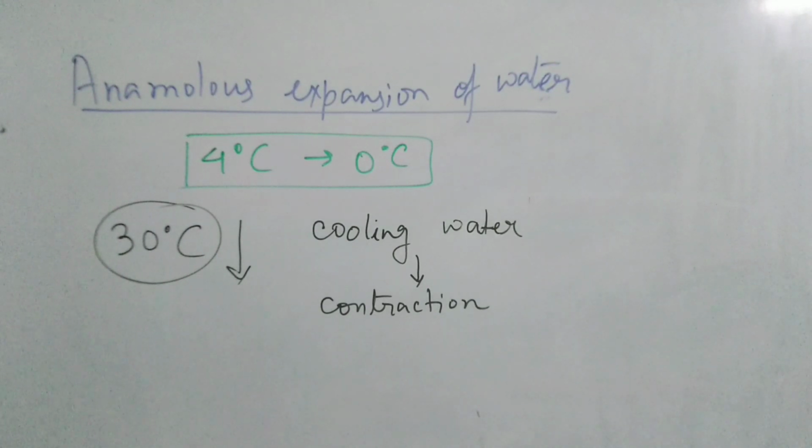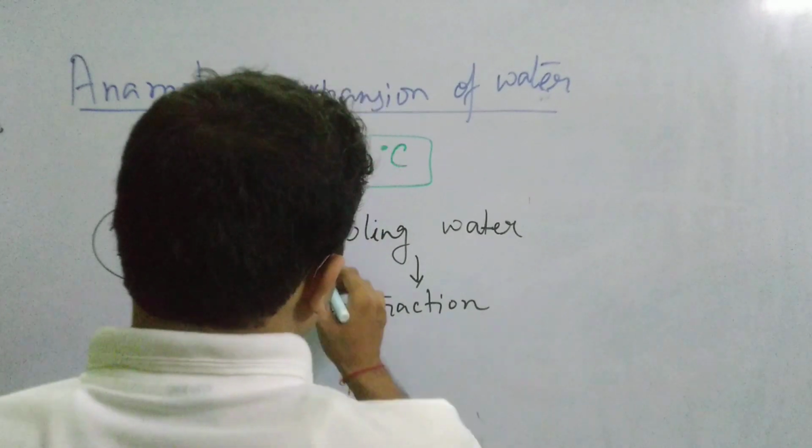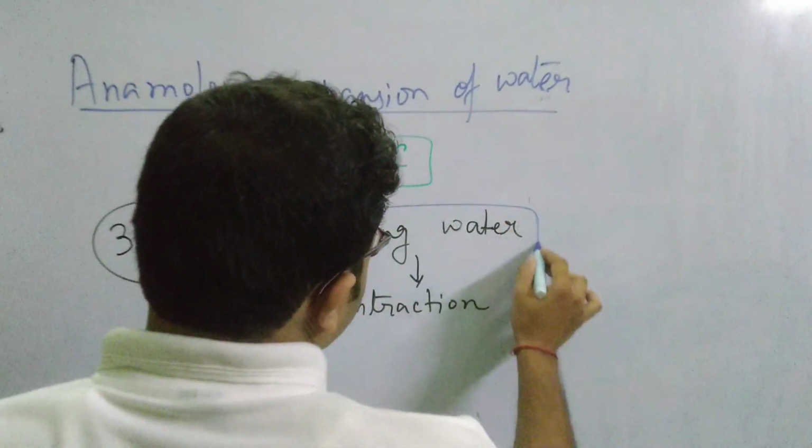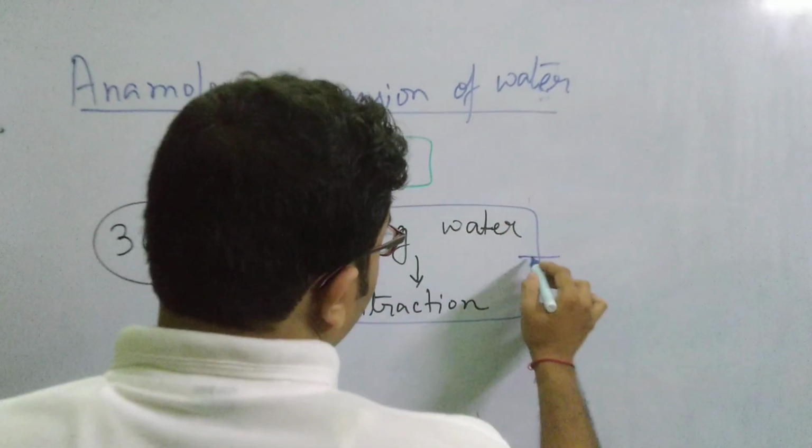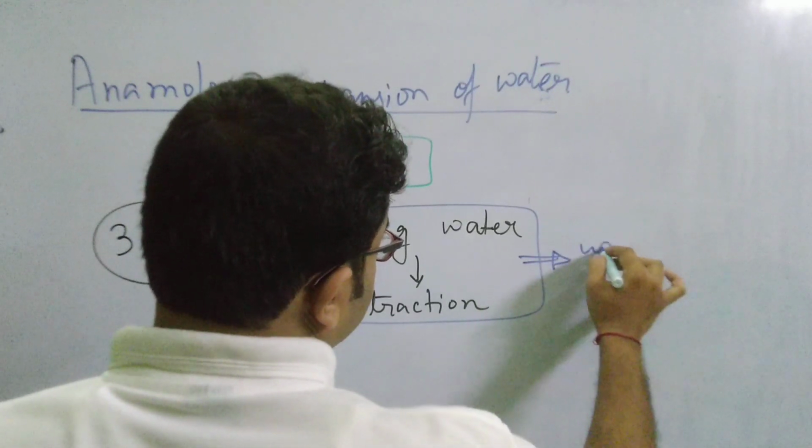Now if you keep on cooling, this reduction in volume will continue up to 4 degrees centigrade. That is, when the temperature reaches 4 degrees centigrade, something different starts happening. So the water is cooled and contraction takes place up to 4 degrees centigrade.